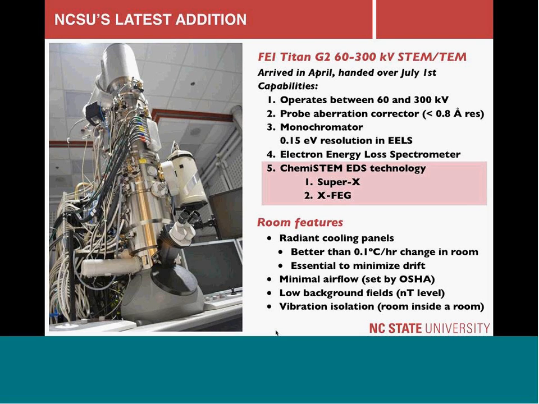So we have radiant cooling panels to keep the room temperature very fixed, with less than 0.1 degrees Celsius change per hour, for environments that need that sort of temperature stability. And airflow. Basically, we don't want our microscope operator to asphyxiate, so we have some air in the room. Background fields and vibration isolation are essential. We build a room inside of a room to keep the microscope isolated from the rest of the building.